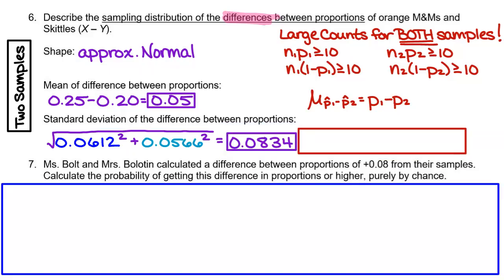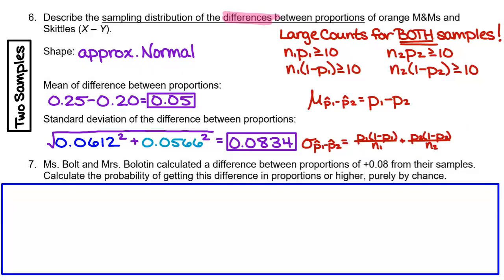We end up getting 0.0834. I lost my square root symbol here. This needs a square root over it all. There we go.